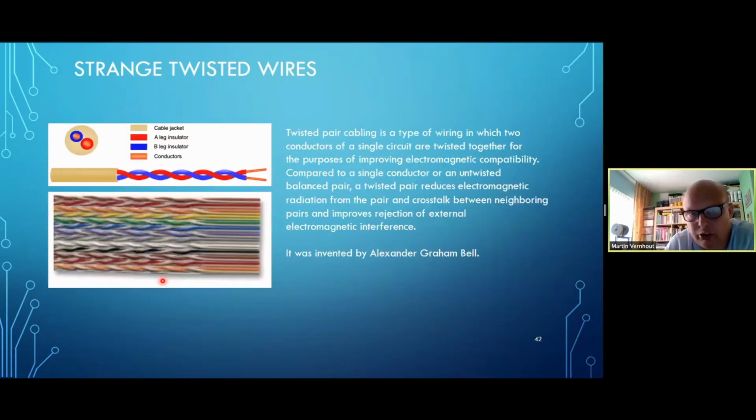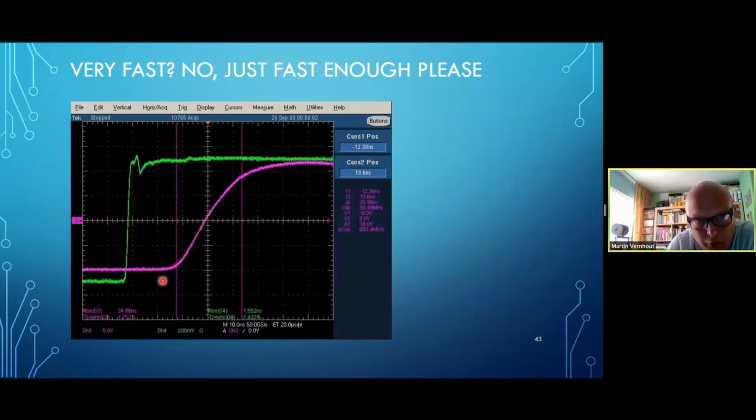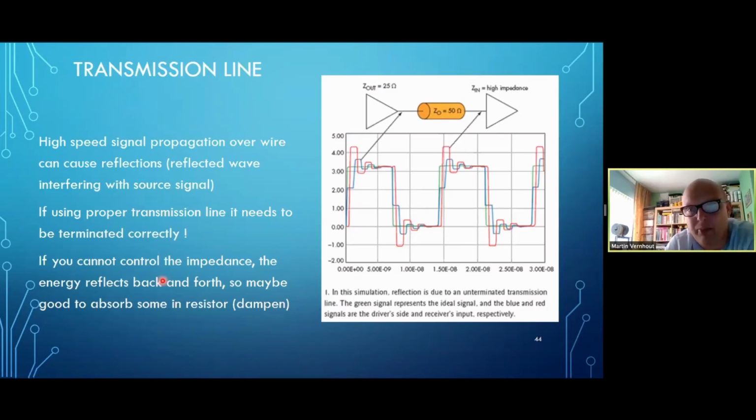You could use twisted wires. They are not strange at all. They actually were invented by Alexander Graham Bell a long time ago, and it's a very cheap solution to counteract the influence of magnetic fields. So very fast, no, just fast enough, please. Make it slow down. And we have sometimes problems with transmission line effects.